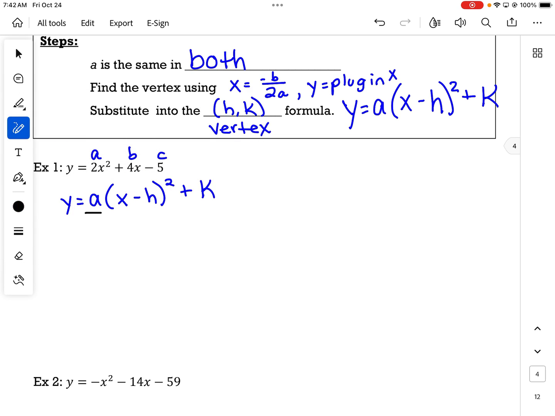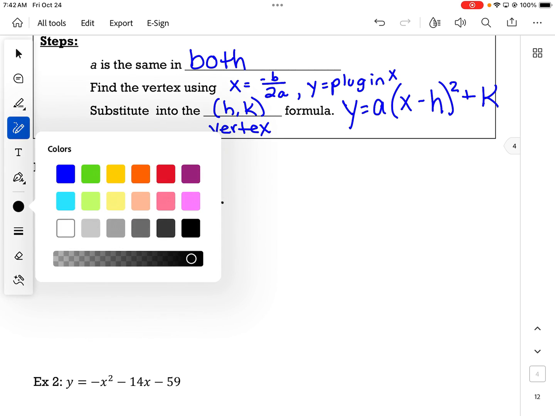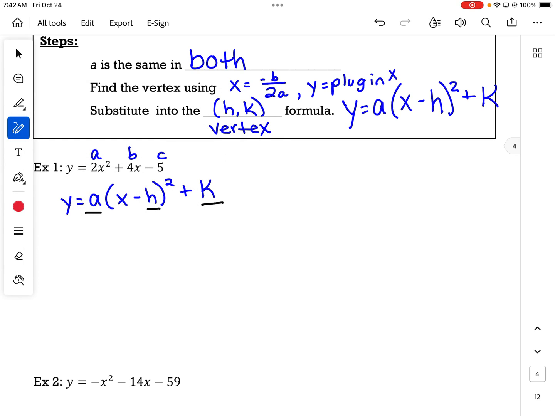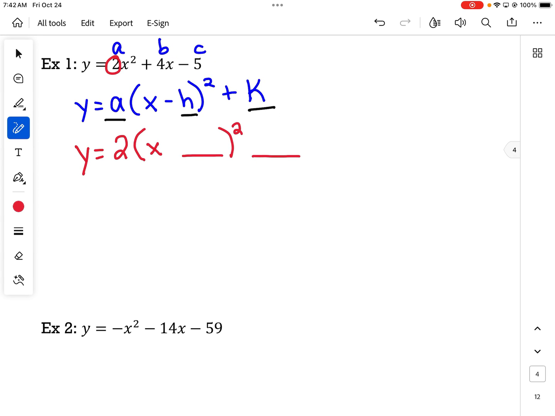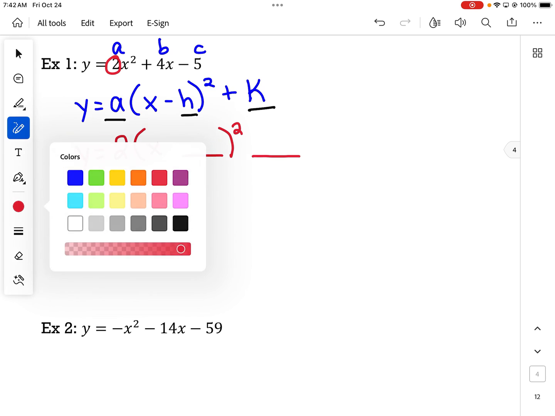I'm going to plug in the values a, h, and k, and that'll get me my vertex form. So a is 2. So y equals 2, parentheses, x, and I'm going to have to figure out what this is, so I'm just going to put a blank, squared, and then put another blank, because it could be plus or it could be minus. I'll put blanks there, and then I'll plug it in.